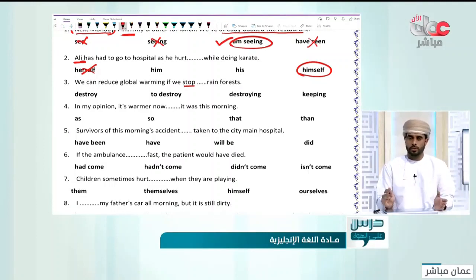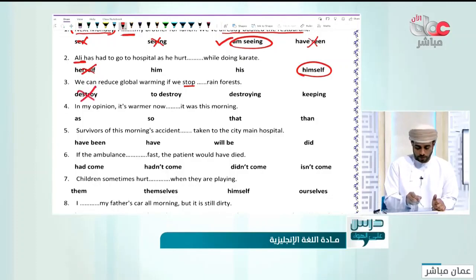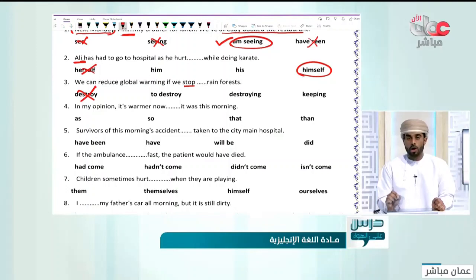Of course, no. We don't use two verbs in the same sentence next to each other, which means you have to have something without a tense, either an ing gerund or an infinitive. So we cannot use destroy because it is a verb. Good. So we have either to destroy, destroying, or keeping.